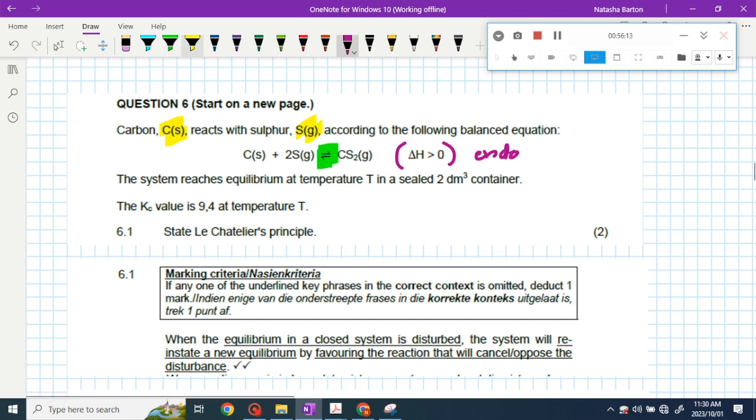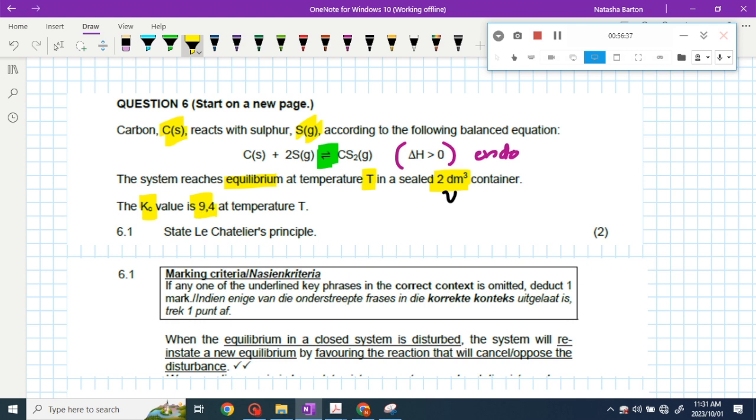You must make sure that you know this. They then go on and they say the system reaches equilibrium at a certain temperature T, and we are sealed in a 2 decimeter cubed container. This here is volume, and we will probably use it in our rice tables when we are calculating concentrations.